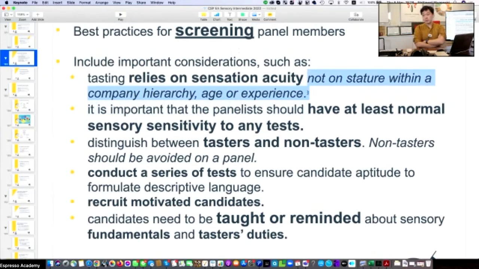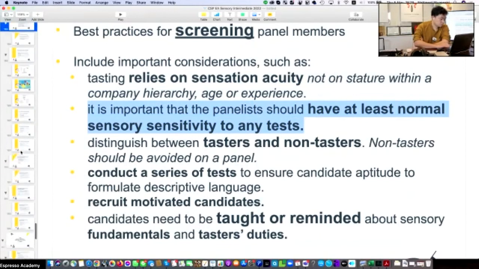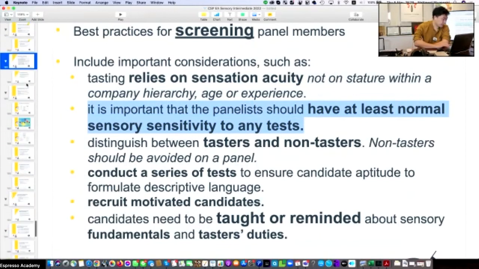We want that person because he can taste the difference of the basic tastes, because he passed the olfactory test, because he actually passed the discriminative test. So that is one way to do it. Do not use people just because they have high status or experience in business. That is one example.